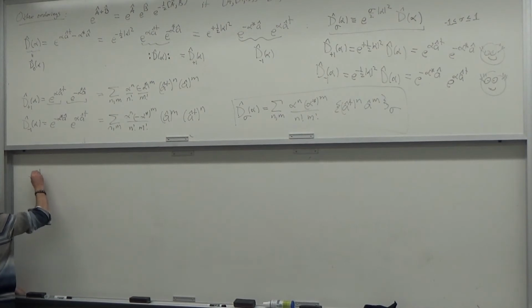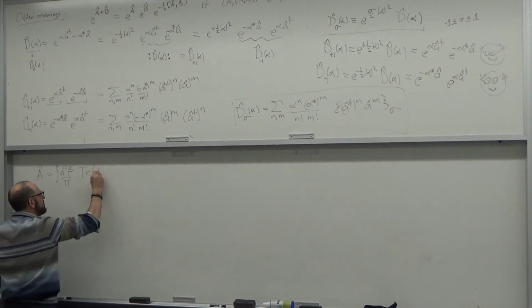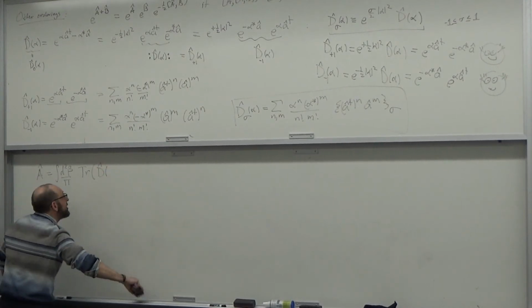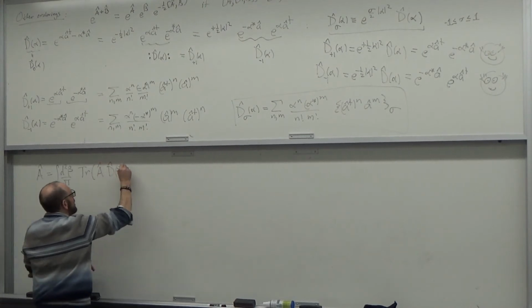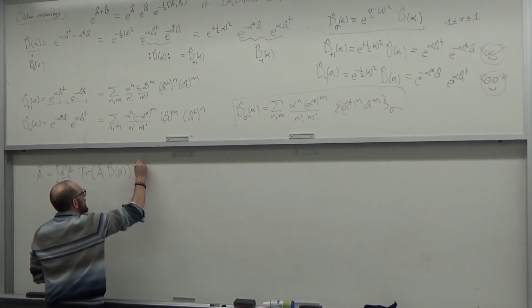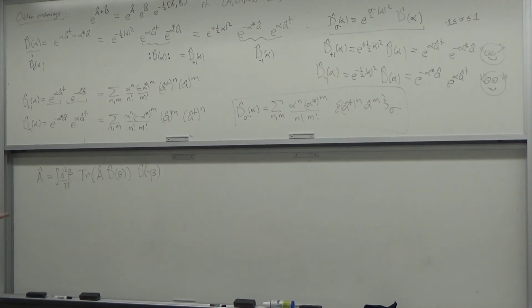A, I'm just going to rewrite it again, is the integral over phase space with some dummy in X, the trace of A with d beta times d beta minus. Right? I just rewrote that expression that's sitting over here. Okay?